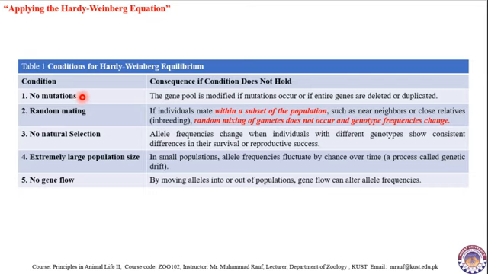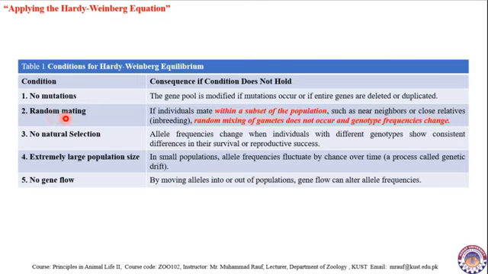But we are discussing the conditions for Hardy-Weinberg equilibrium, meaning the population will remain in Hardy-Weinberg equilibrium, that is, its genotype and allelic frequency will not change if there is no mutation. So no mutation is one of the conditions.